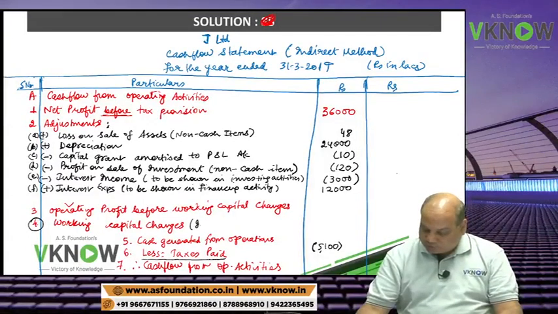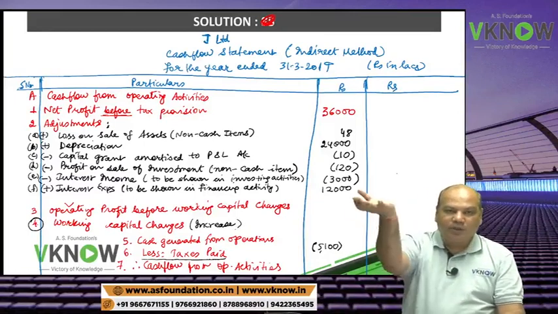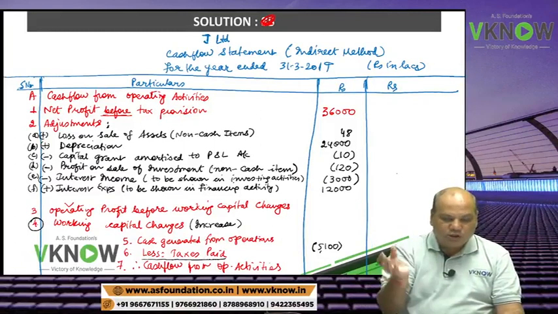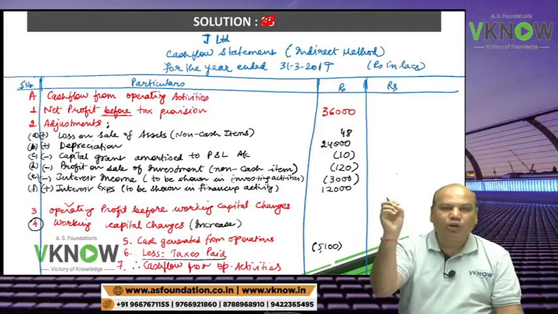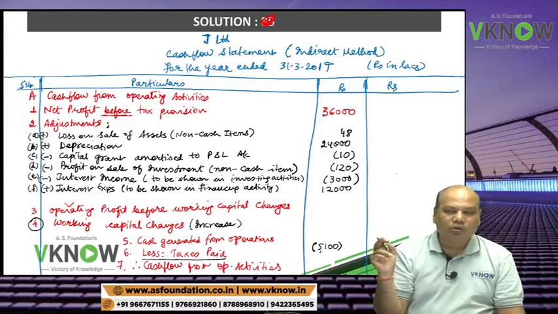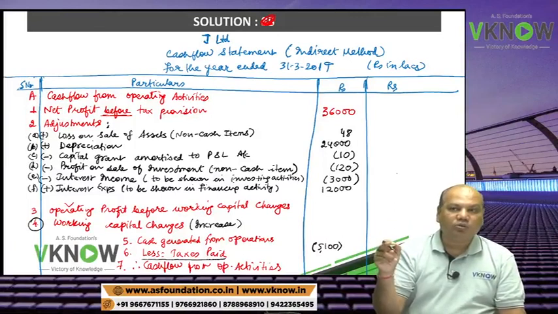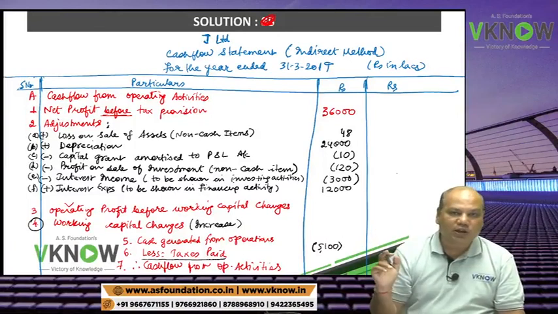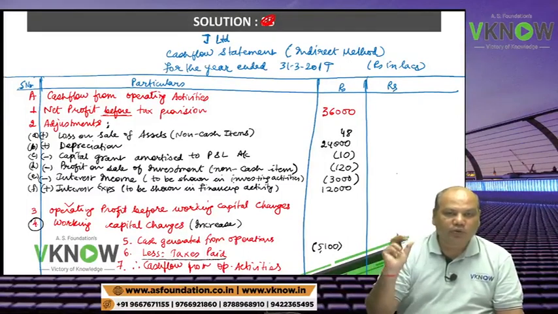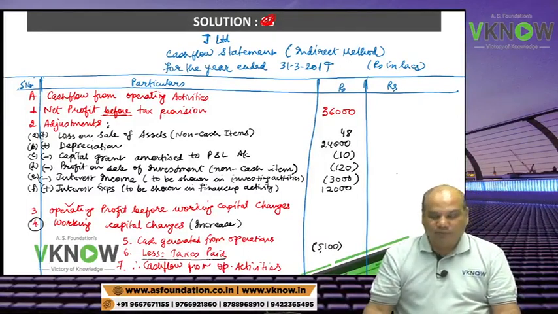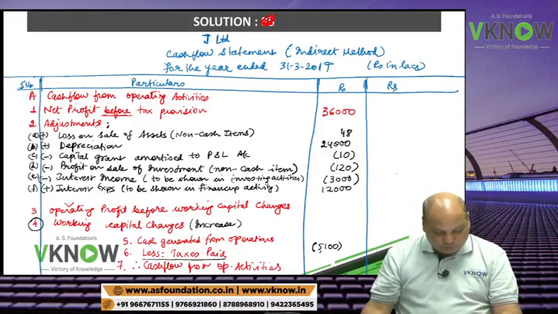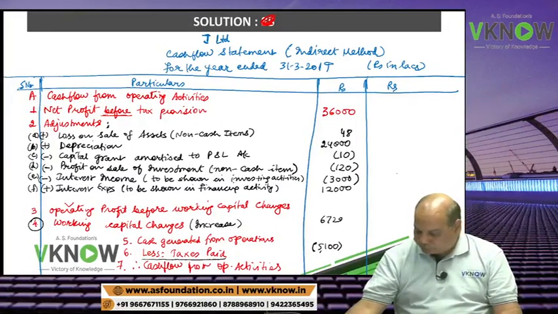Working capital changes, write down increase. If the working capital increases, cash flow will decrease. How will you buy stock? You will buy stock only if you invest cash. So there is a cash outflow when working capital increases, and the answer is 67290 in bracket.